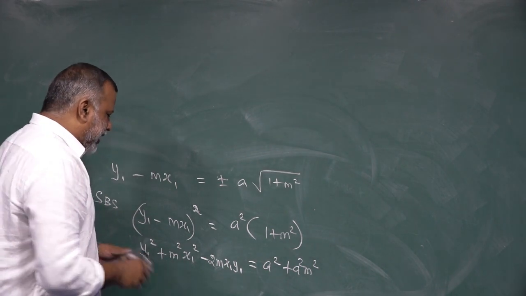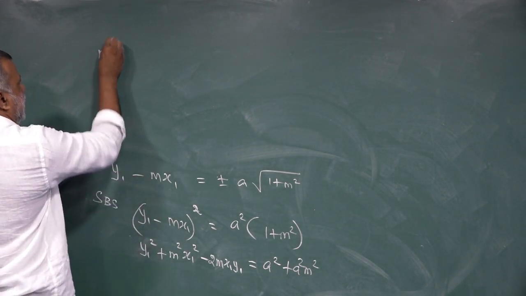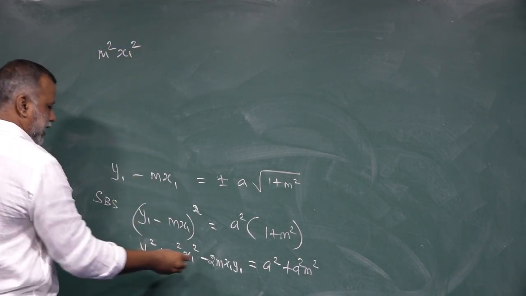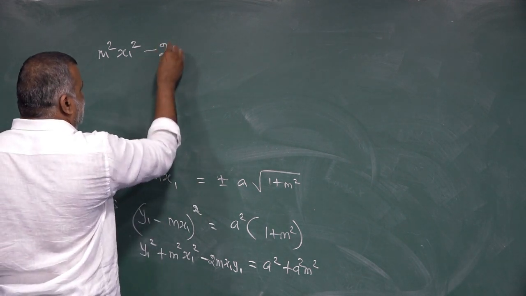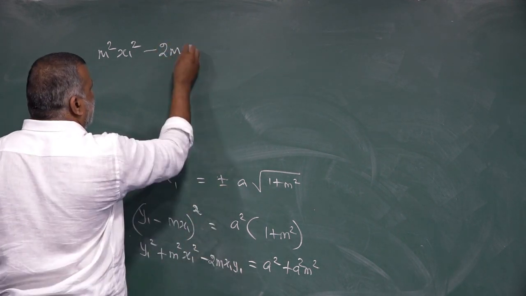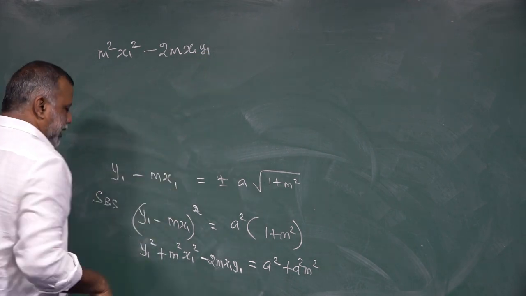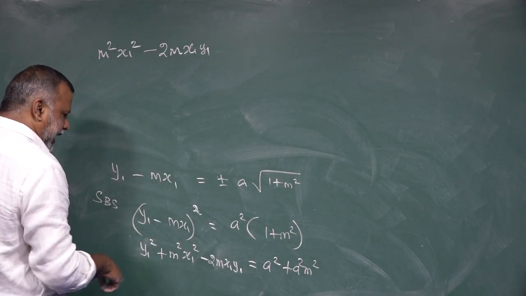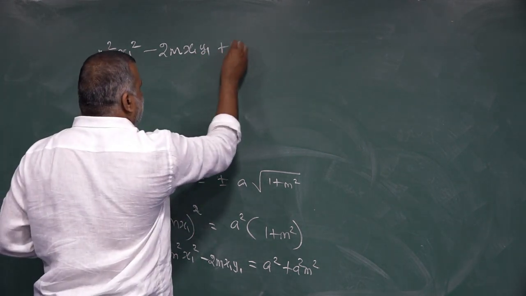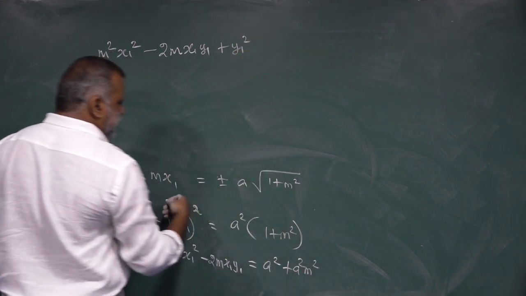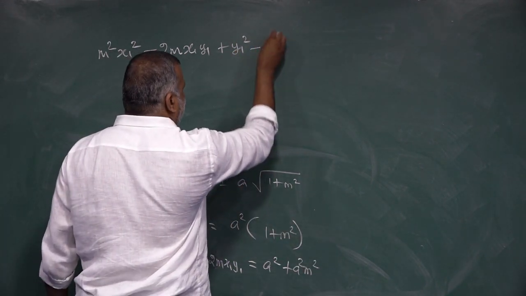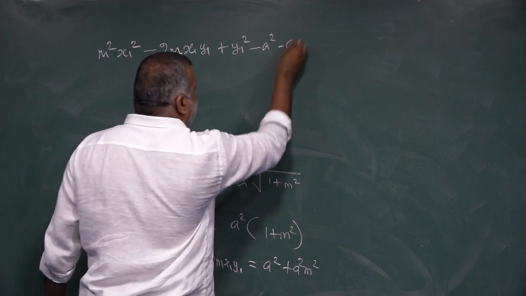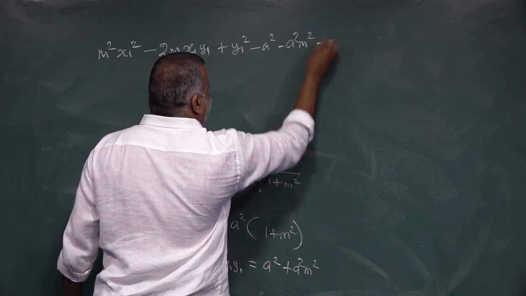Already we are having m squared x1 squared, then minus 2m x1 y1, then already we are having y1 squared. Convert it to the same side, we get minus a squared minus a squared m squared equal to 0.